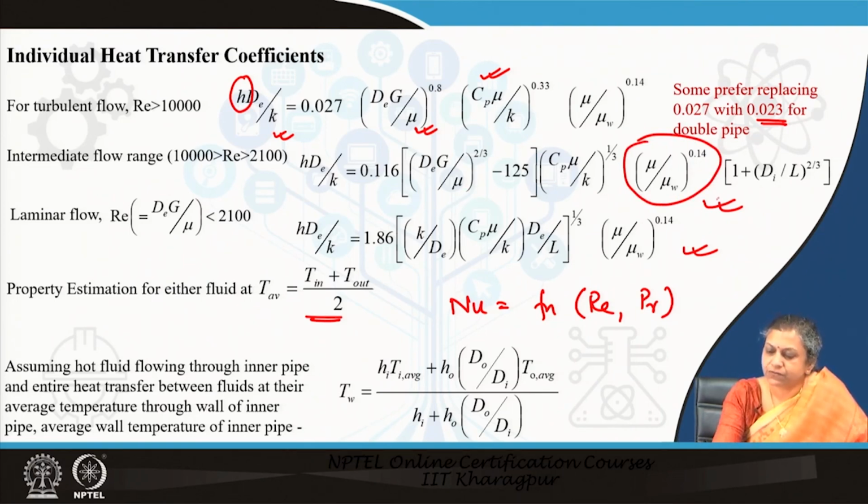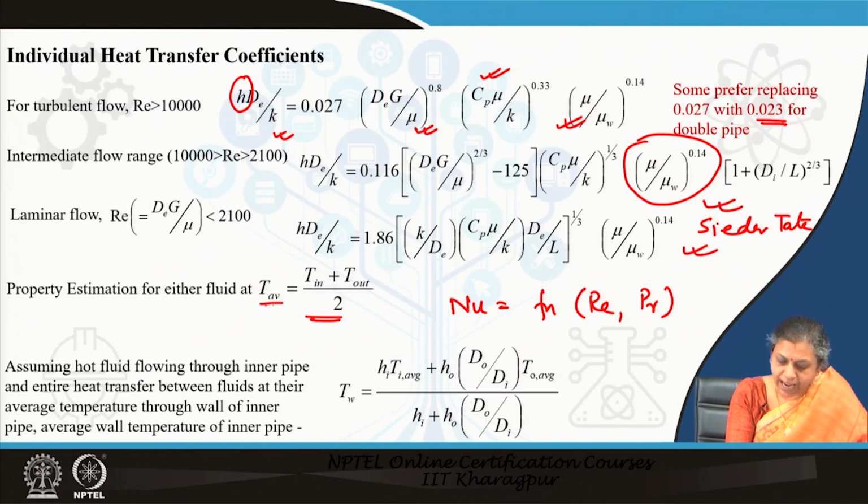This particular term was first proposed by Tate. So, this is known as the Tate correction factor, which says that whatever H you get from this equation needs to be corrected by mu by mu w, where mu is the viscosity of the fluid under bulk conditions, which can be evaluated at T average, and mu w is the viscosity of the fluid under the average wall temperature.